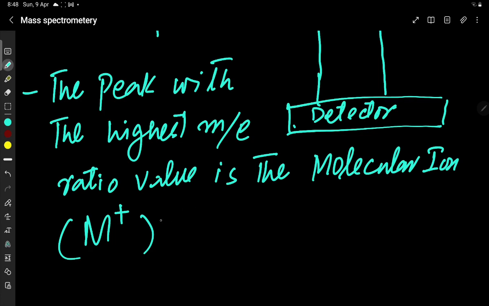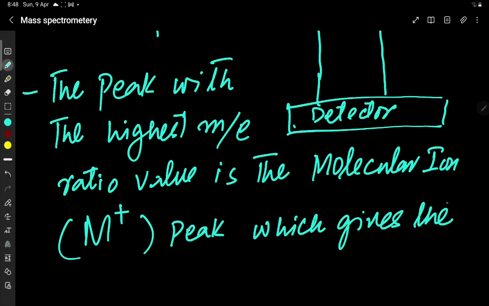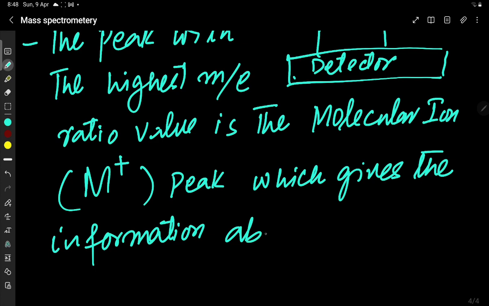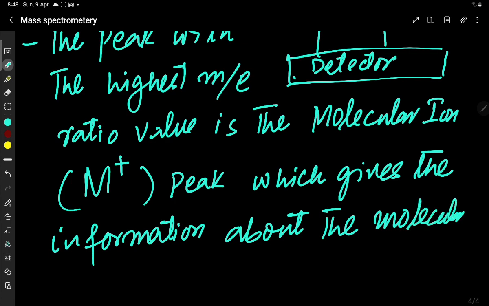The molecular ion peak gives the information about the molecular mass of the compound.